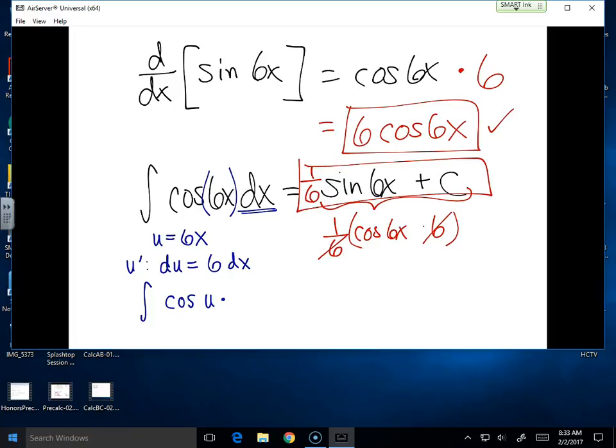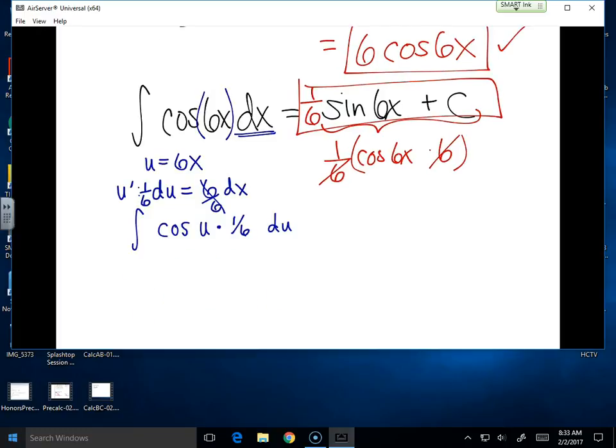So we're going to divide both sides by 6 and say, oh, now plug in 1/6 du, which is going to equal, 1/6 can come out, the integral of cosine of u du. Isn't that sine of u plus c?